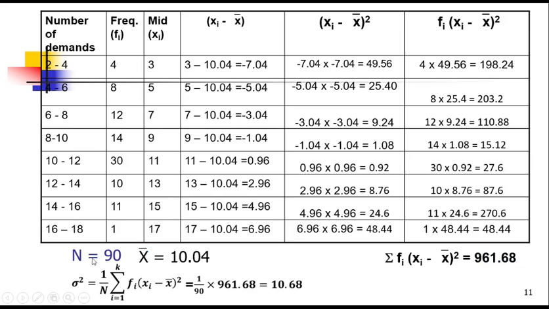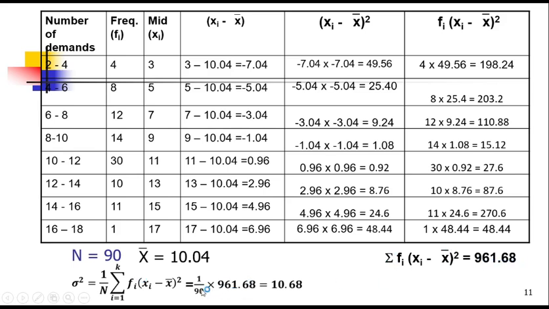Now we know that capital N, that is total frequency, is equal to 90, and this is the formula of variance. Sigma square equals 1 by N summation i goes from 1 to k, that is the number of classes, fi into xi minus x bar whole square. So this is the formula. I have already computed the value of summation fi xi minus x bar whole square, that is 961.68.